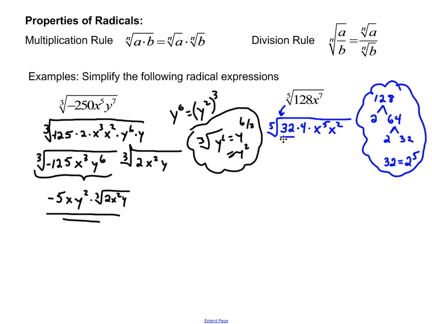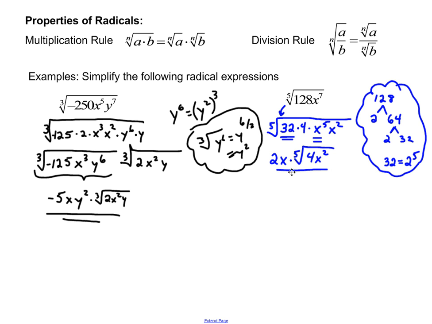And now we're going to take our perfect fifth power factors out of the fifth root. This is going to become the fifth root of 32, which is 2, the fifth root of x to the fifth, which is x, and that will be multiplied by the fifth root of what's left over, and in this case that's 4 times x squared.